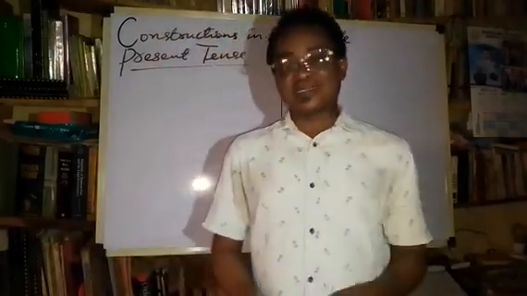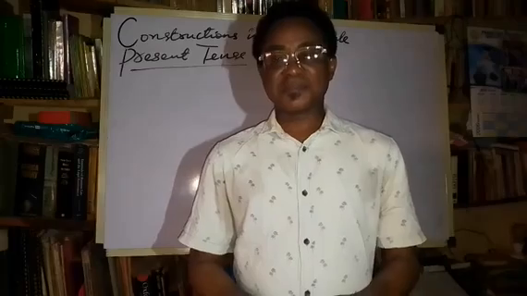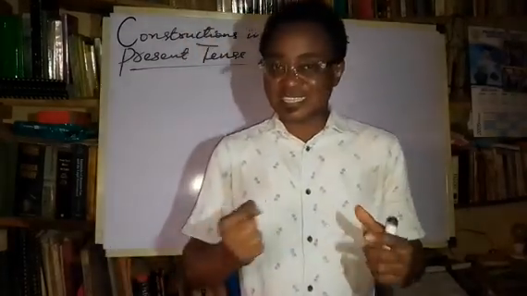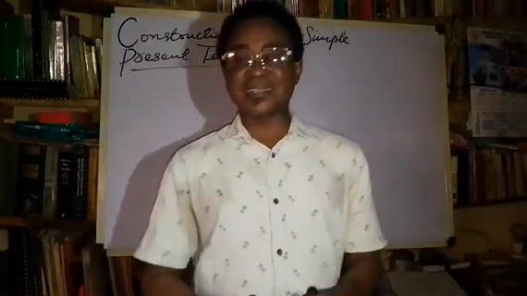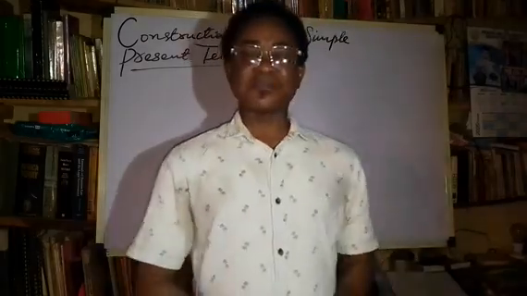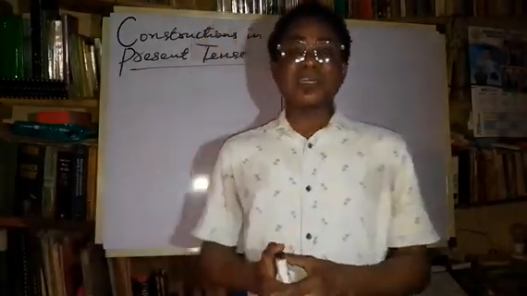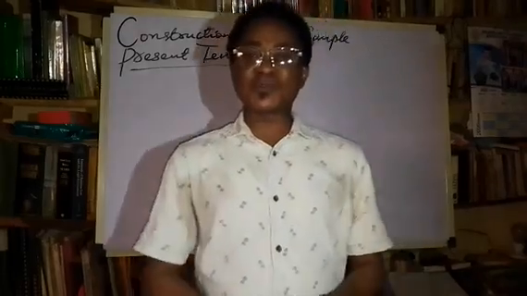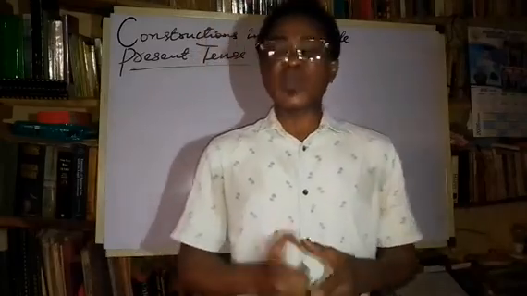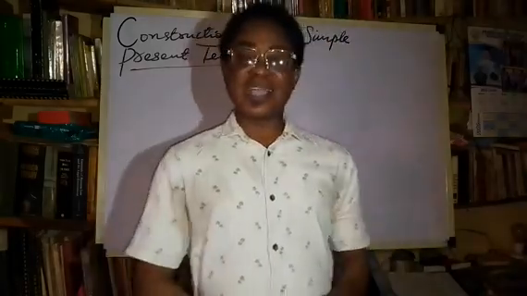If the simple present tense has an adverb of time referring to the future, then the verb automatically ceases to be the simple present tense. It becomes a simple future tense. What I mean is that along with those other verb forms that we normally use to express future actions, the simple present tense can also express the future action.